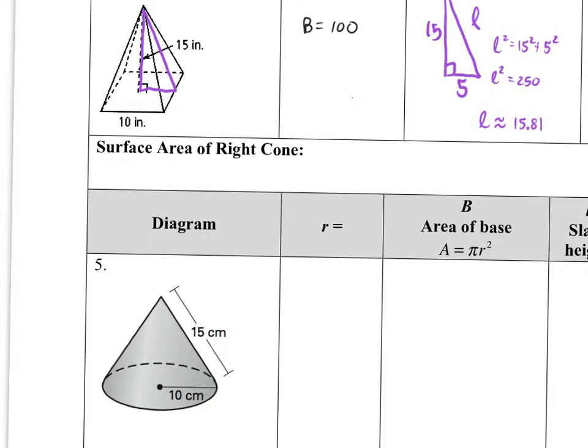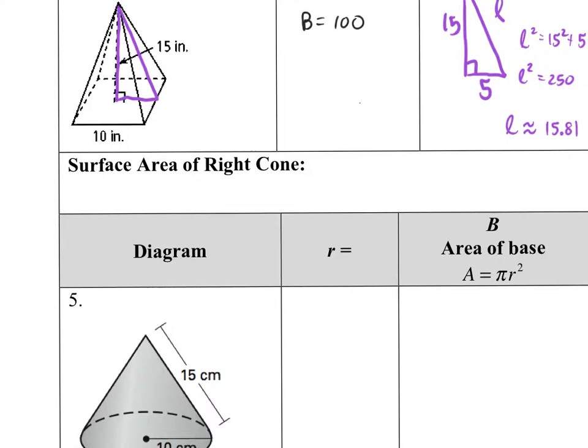Okay, now the surface area of a right cone turns out is exactly the same, except that we are going to substitute circular stuff in. The area of the base plus 1/2 PL. But we know that the area of a base is pi r squared, because it's a circle.